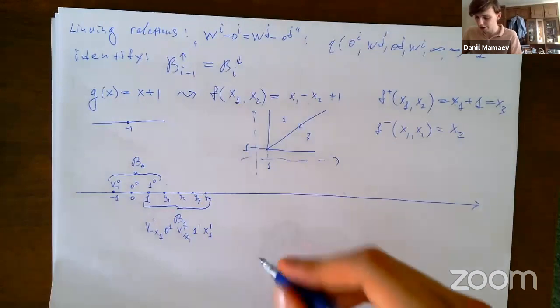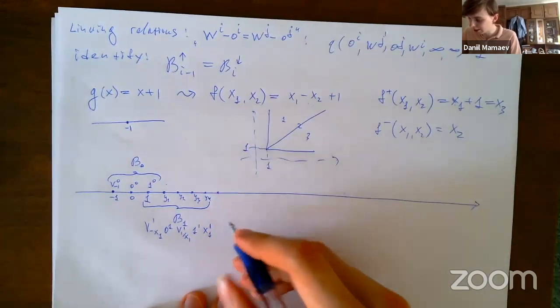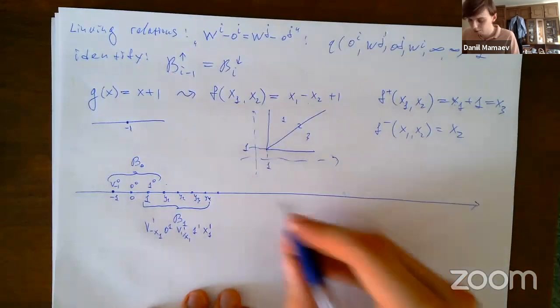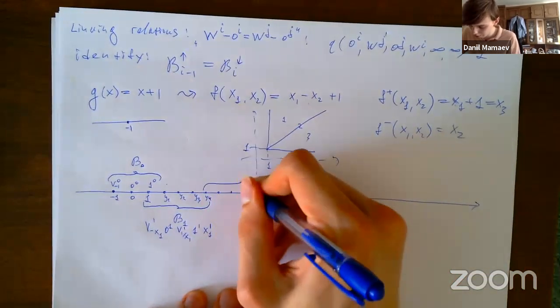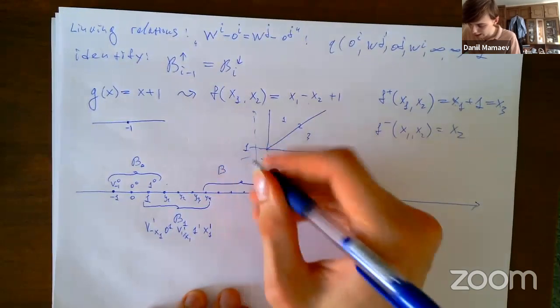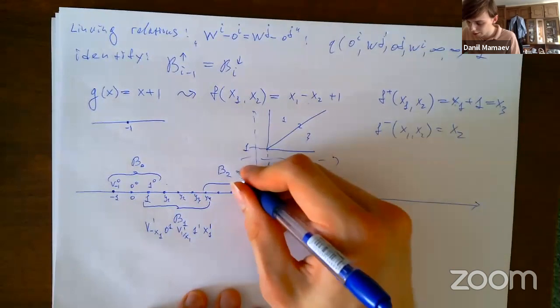Then we take the next cluster, which again determines a variable, now x2. So we need to add 4 more points and say it's a new cluster determining a variable x2.